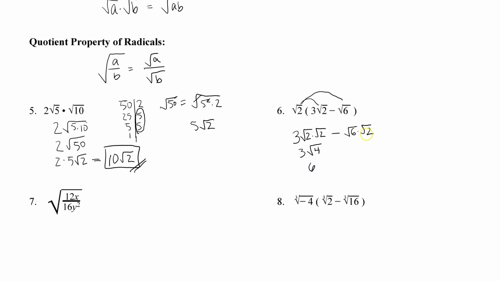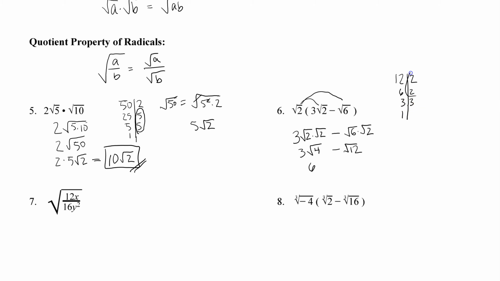And over here I get the square root of 6 times the square root of 2. That would be minus the square root of 12. 6 times 2, 12. And then I take 12 just to see if I can simplify it any. 2 goes into 12, 6. 2 goes into 6, 3. 3 goes into 3 one time.